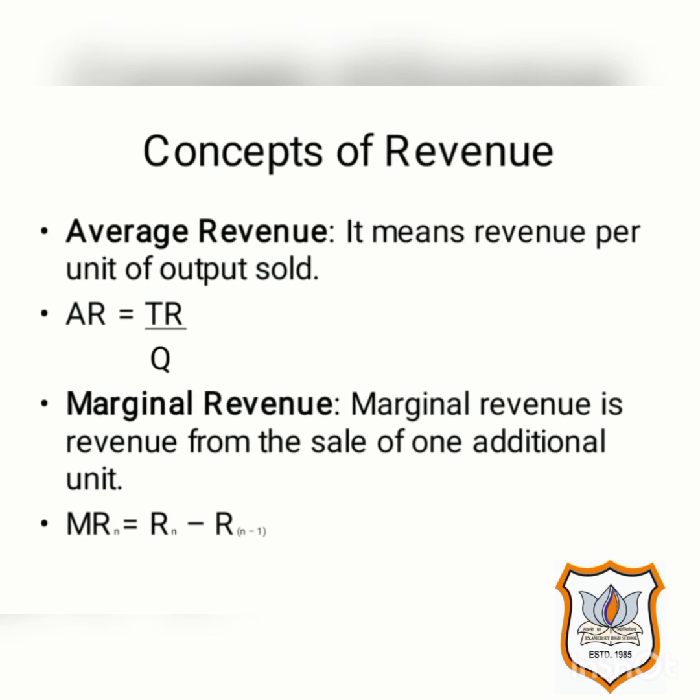The formula is just like marginal cost; here, instead of cost, it is to be replaced with revenue, no other changes there. MR_n is equal to R_n minus R_(n-1). That means marginal revenue, here also N means the number of units sold. So marginal revenue of N units is equal to revenue from the sale of N units minus revenue from the sale of N minus 1 units.